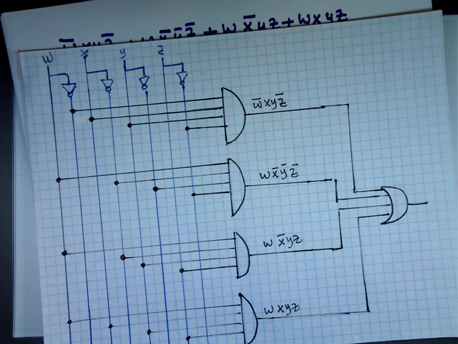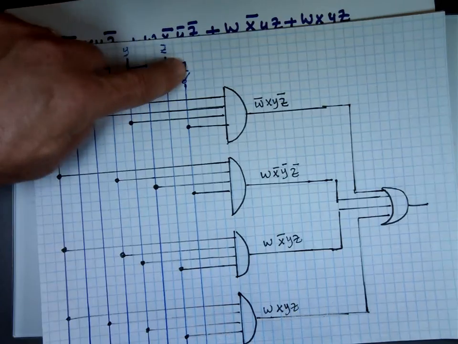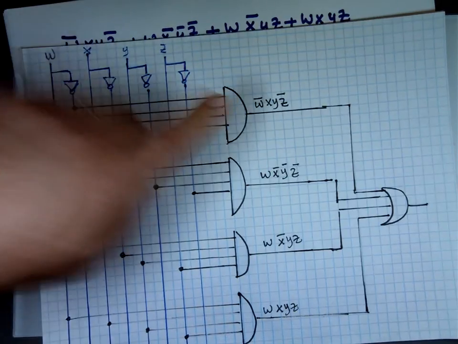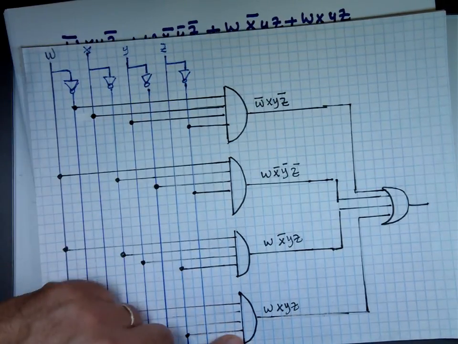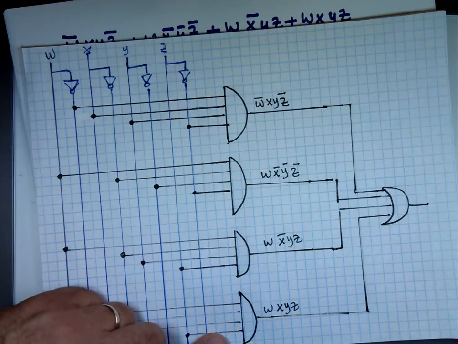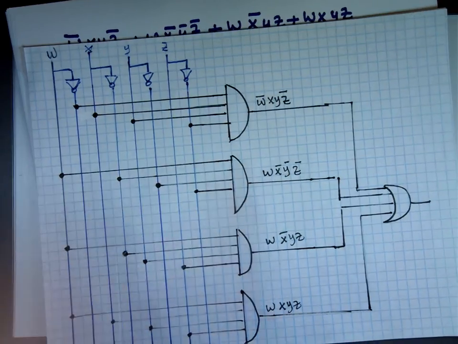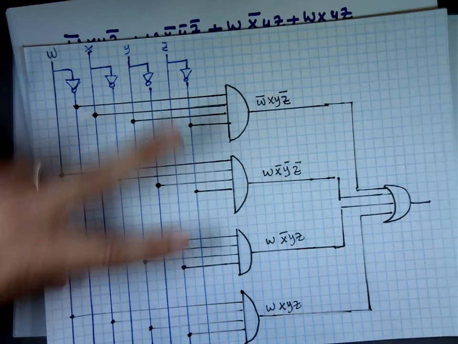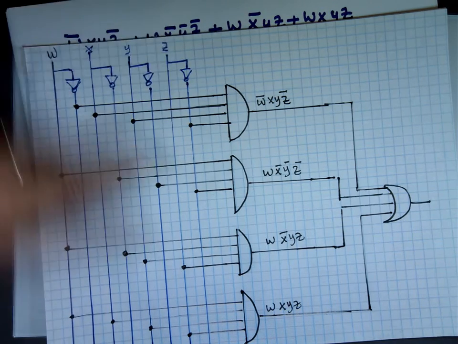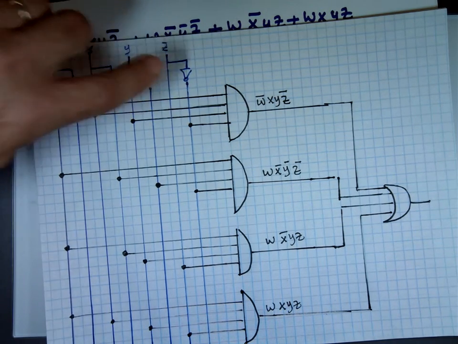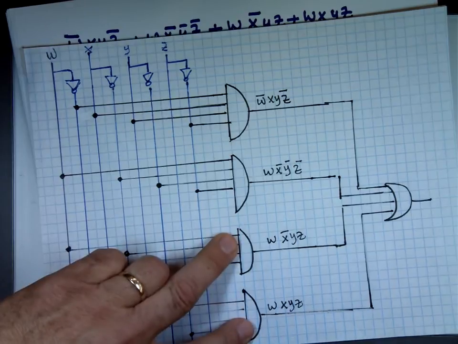Well, I need 4 NOT gates. Can you see them? That means 1 chip on the board. This is 4 input. That means 2 chips on the board. They come 2 to a chip. So there's 1 chip. This has 8 of them actually, the NOT gate. This 1, 2 chips, and there's 1 more. 3.